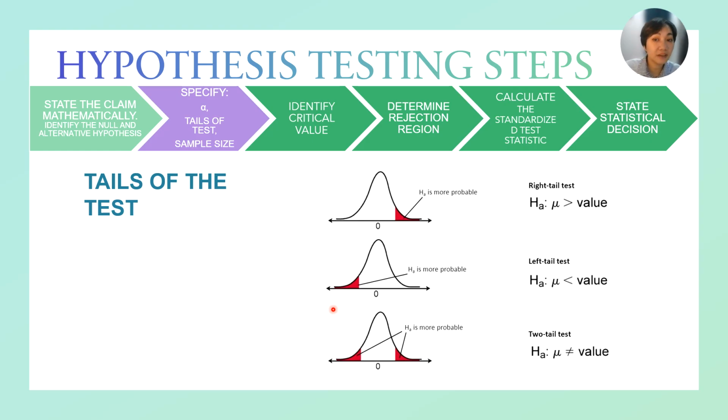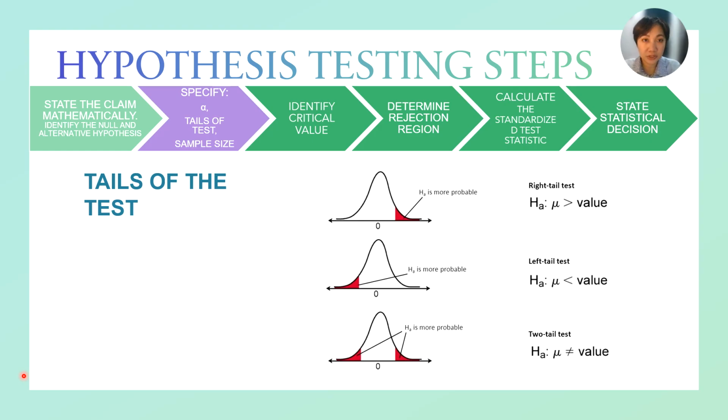We call that the left-tailed test. If your problem says there is difference, that means it's not equal. It doesn't matter if it's left or right. We're going to look at both sides of the equation, and that is what we call the two-tailed test.